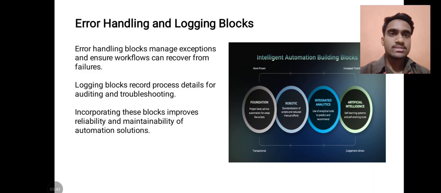Logging blocks record what problem occurred, so that next time we don't repeat that mistake in the future. Incorporating these blocks improves reliability and maintainability of automation solutions.